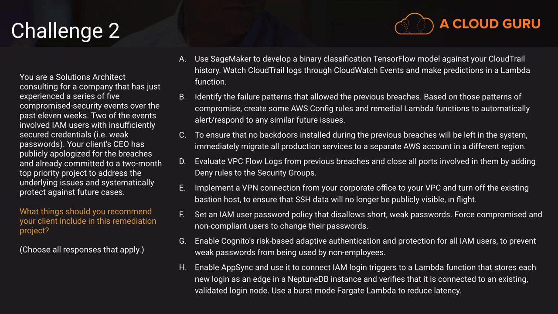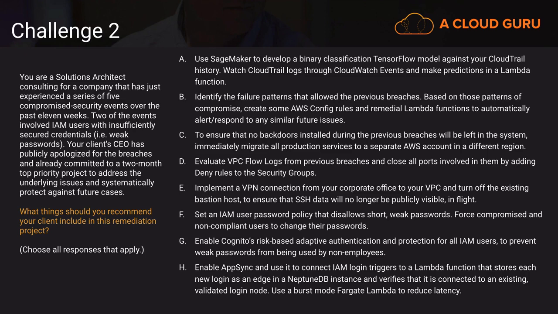So A says we can use SageMaker to develop a classification model from our CloudTrail history, and we can watch the CloudTrail logs through CloudWatch and make predictions in Lambda functions. Well, you could do that. You could create a machine learning model that tries to watch CloudTrail history.